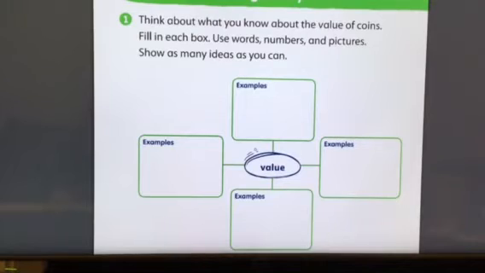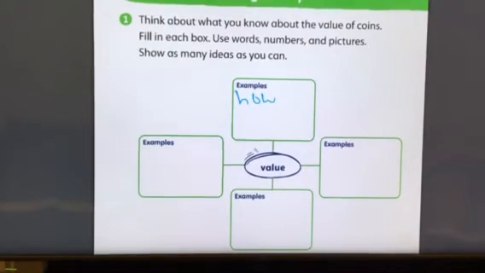Show as many ideas as you can. So when I hear the word value, value to me in words means how much something is, or sometimes people say how much something is worth. Very similar things.